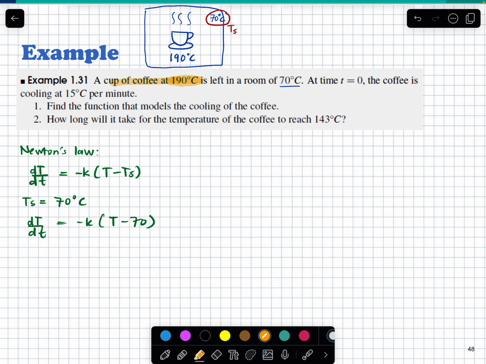So the initial temperature 190 can be written as, at t equal to 0, at the beginning, at the initial time, T equal to 190 degrees Celsius.